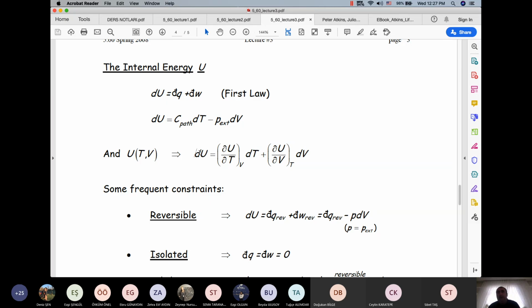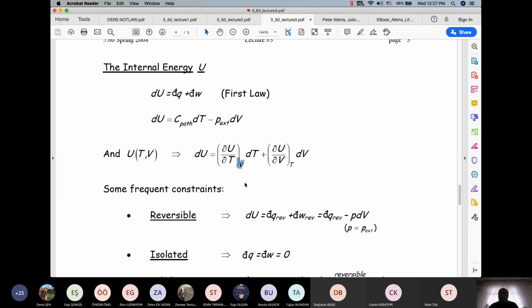Ama bu tam diferansiyel, yani hiçbir şeye bağımlı değil. Kısmi değil, yarım değil, tam bir fark. Ama bu kısmi bir fark, sadece birinden kaynaklı bir fark. Diğerinden kaynaklı farkı ben sabit tuttum demek. Onun için kısmi türevin olduğu her yerde neyi sabit tuttuğumuzu parantezin dışına bu şekilde yazıyoruz arkadaşlar.